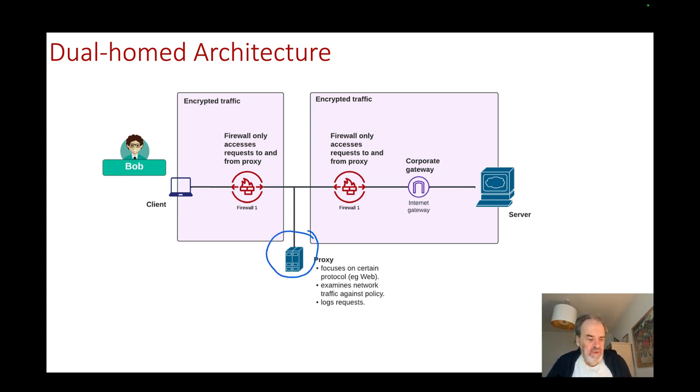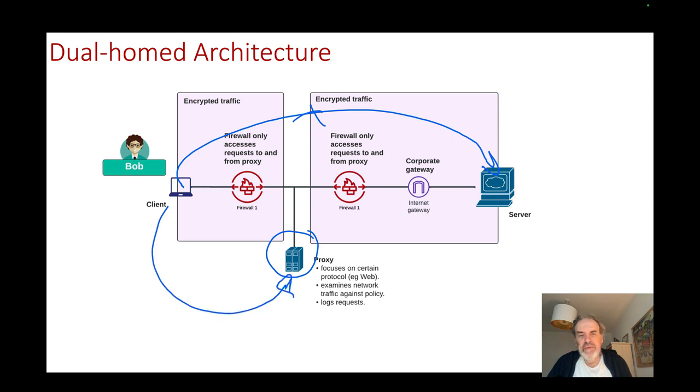In this case, Bob doesn't communicate directly with the server. Bob will only be allowed to communicate with a proxy. And we create what's called the dual-homed architecture, where we have a firewall here and a firewall here. This firewall will only allow a connection to the proxy and no other connections.